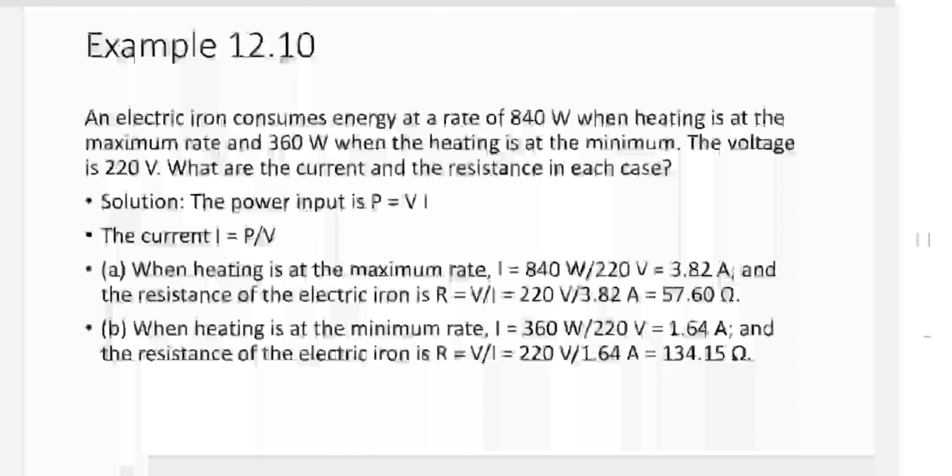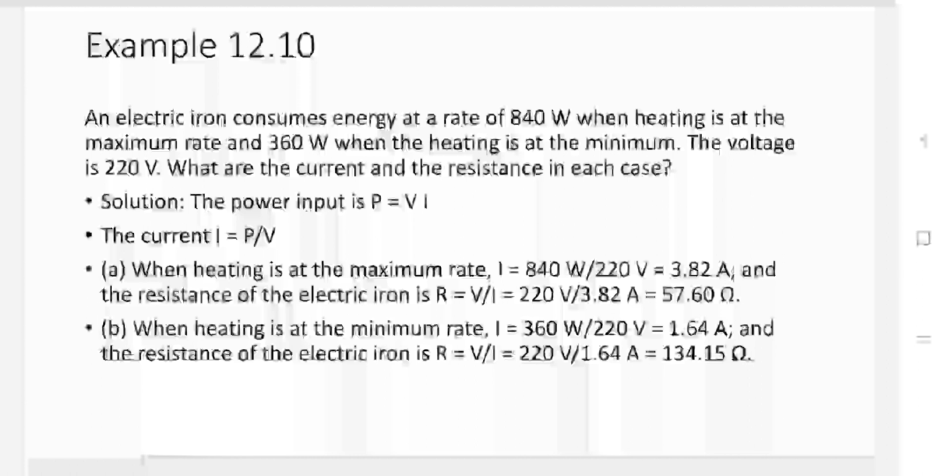Here power input is V into I, so I equals P by V. Now the first case: when heating is at the maximum rate, I equals P by V. At that time the power is 840 watt and the voltage is 220 volt. So I is 3.82 ampere.